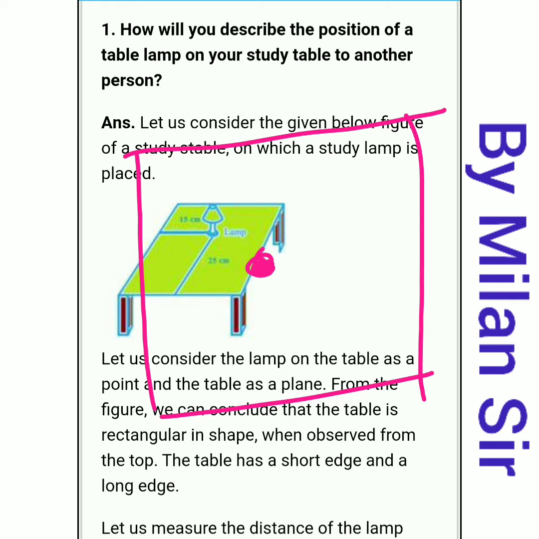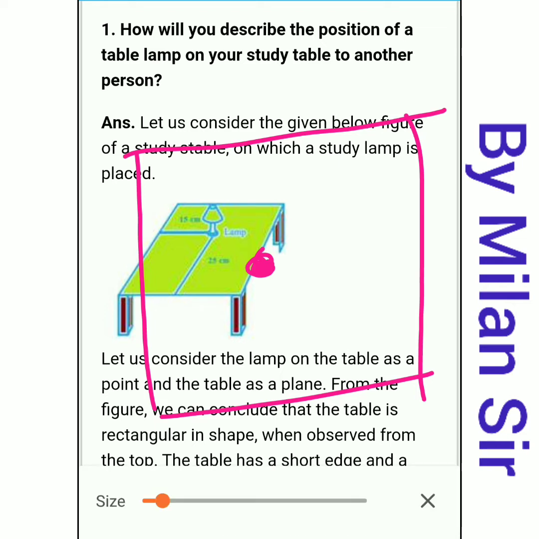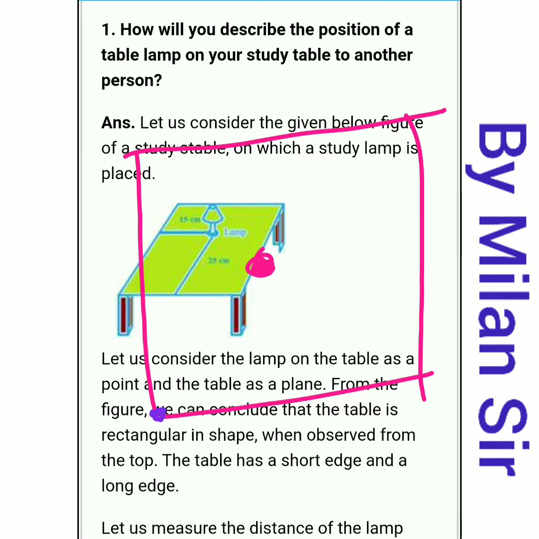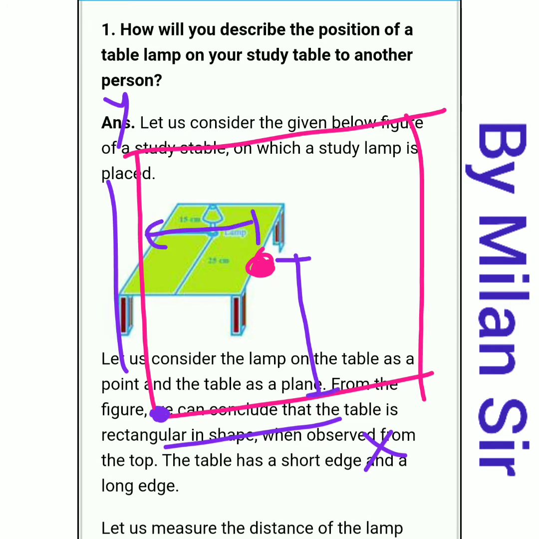First of all, the first way is we can take our origin here. This is our x-axis and this is our y-axis. Now we need to find the distance of this table lamp from the x-axis and the distance of this table lamp from the y-axis.